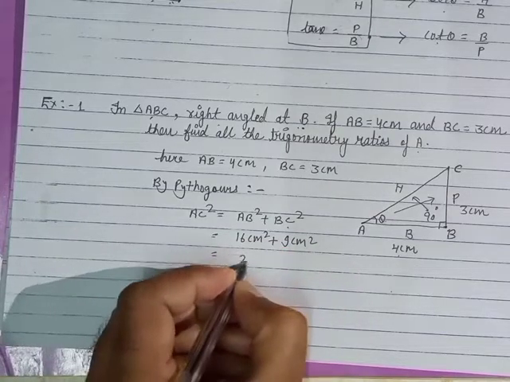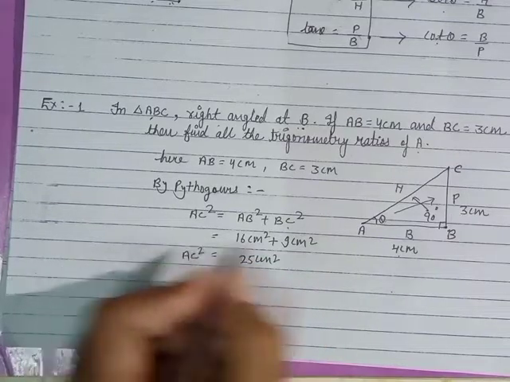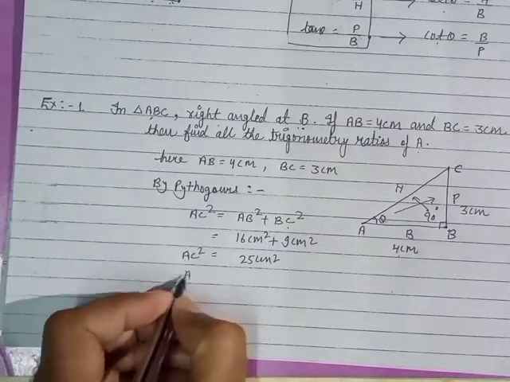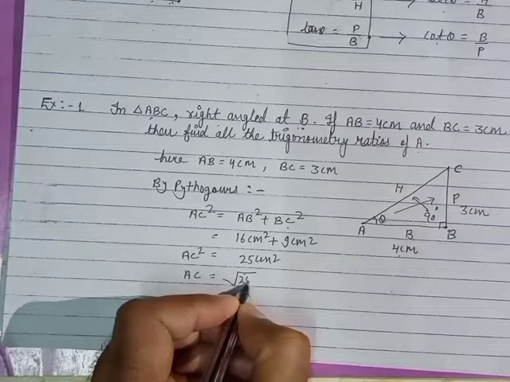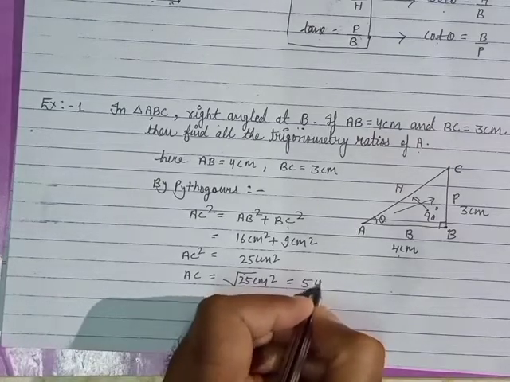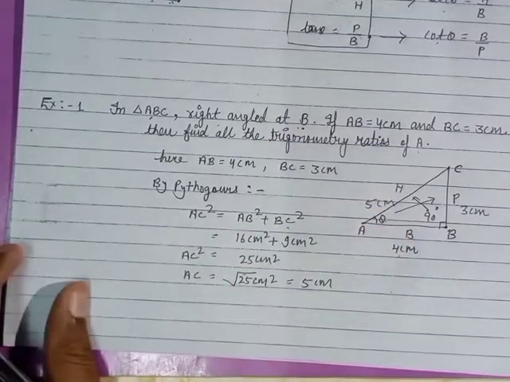So it will be 25 centimeter square. But we want to find out the length of AC, not AC square. So AC will be under root 25 centimeter square. It gives us 5 centimeter. So length of hypotenuse will be 5 centimeter.